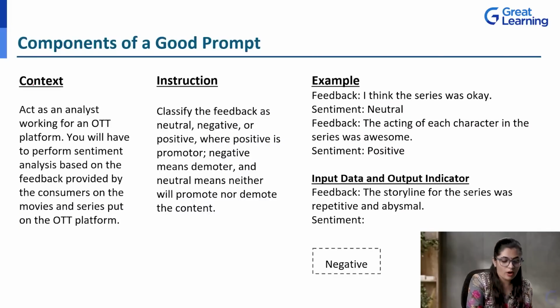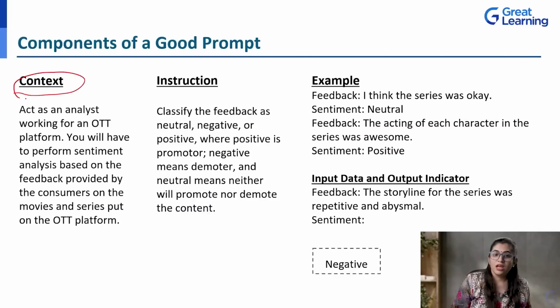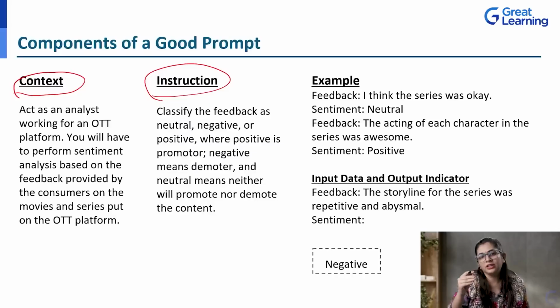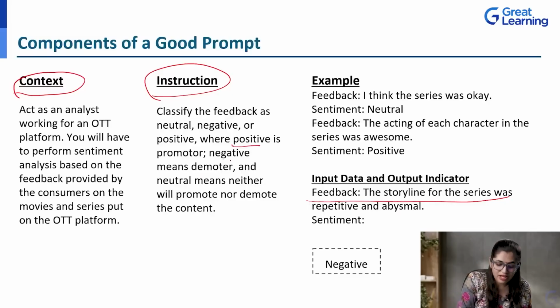That is the context you have given, which tells ChatGPT to act as an analyst and do sentiment analysis. It gives an instruction to classify the feedback provided, that is your input data, into positive, negative, and neutral.